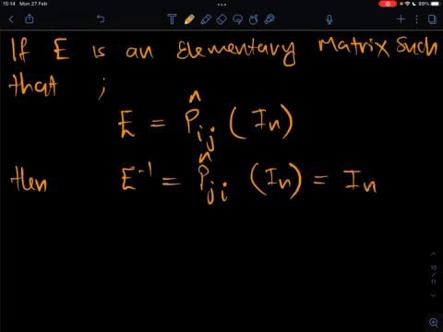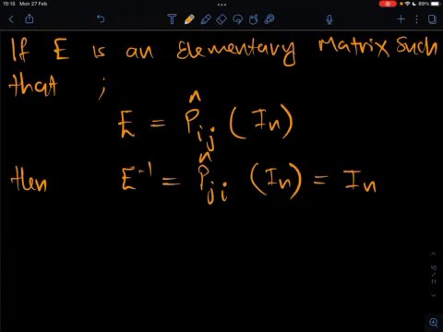When you take a matrix that you have done something onto and return it back, it will go back to the identity matrix, because when you apply Pij onto In, it transforms it into a new elementary matrix.